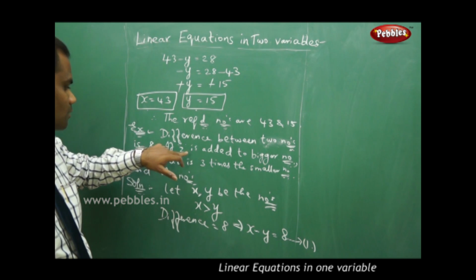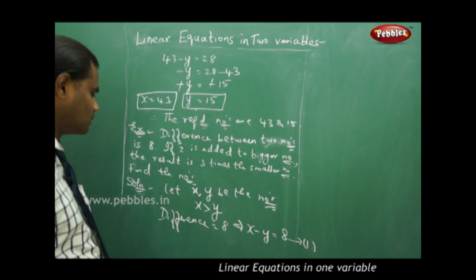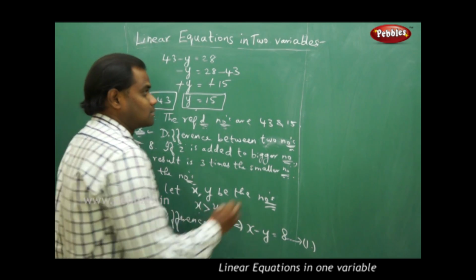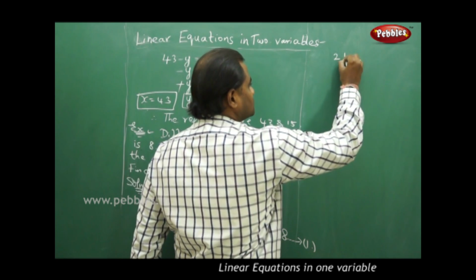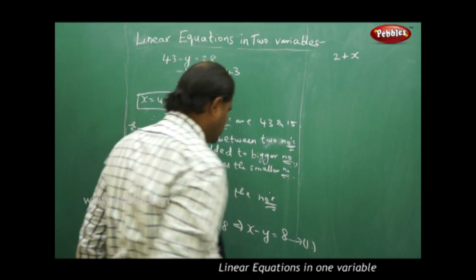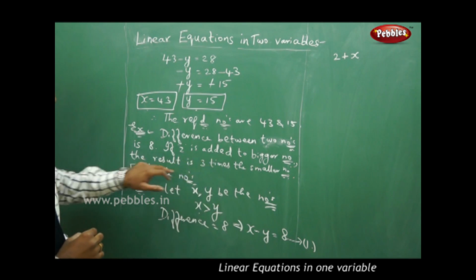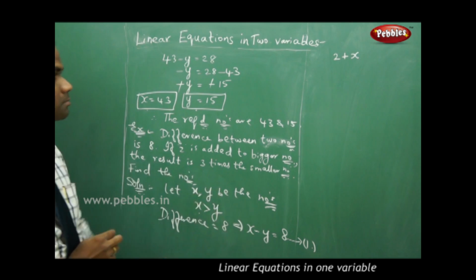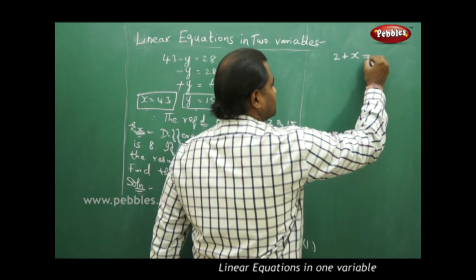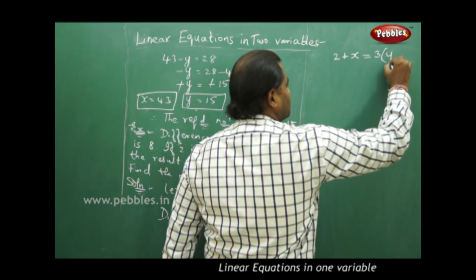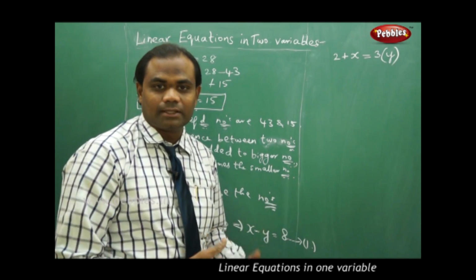Now it is also given that if 2 is added to the bigger number, which is x, then the result is 3 times the smaller number, which is y.